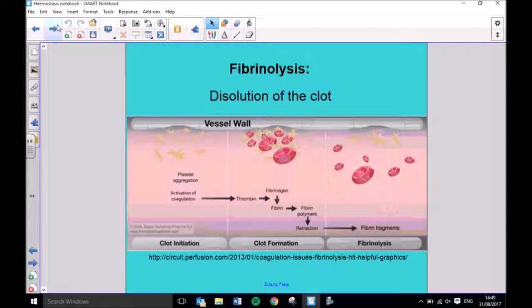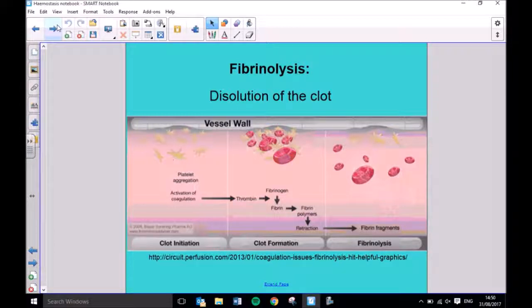The clot initially will start to shrink because it loses moisture. The platelets themselves contract, and it starts to bring the edges of the vessel together so that they can gradually repair and work towards each other.